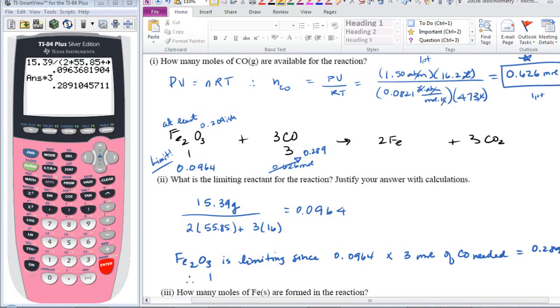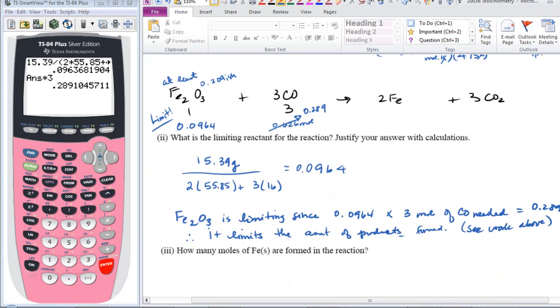Thus, therefore, it limits the amount of product formed. The work is above. See, work above is always a good idea. So anyone who is following what you're doing, and those are the people who are scoring your papers, can figure this out. So the limiting reactant for the reactant, justify your answer with calculations.